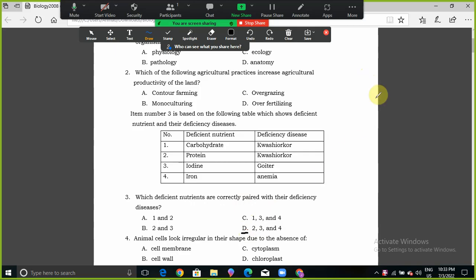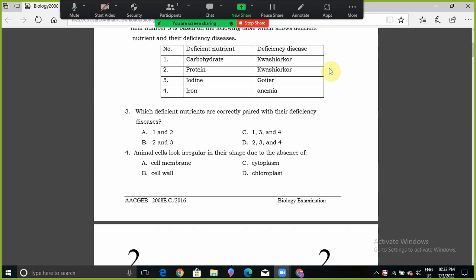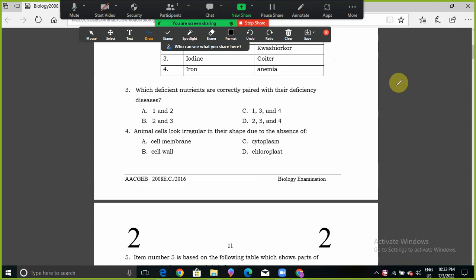Now in question number 4, it says animal cells look irregular in their shape due to the absence of what? Cell membrane, cell wall, cytoplasm, or chloroplast. Actually, the correct answer is cell wall.